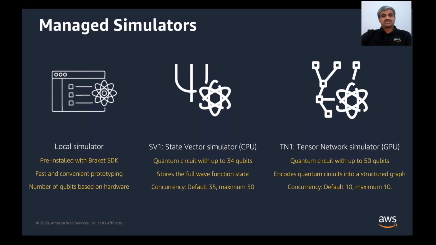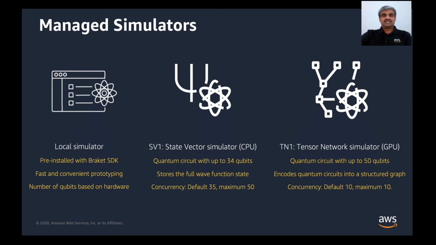You have alternatives to actual QPUs if you want to test your circuits first, or prefer to access a noise-free environment before trying the actual quantum devices. With Amazon Bracket, the simulators come in 3 flavors.